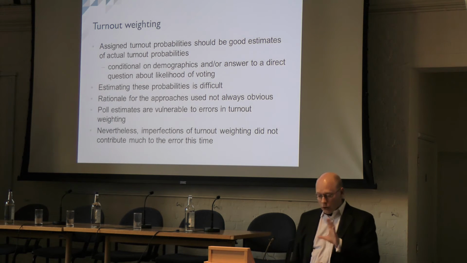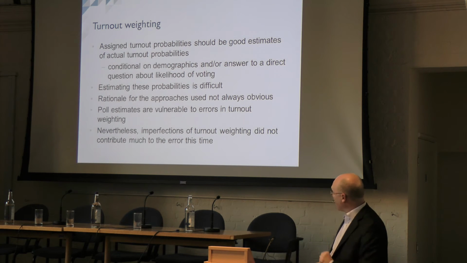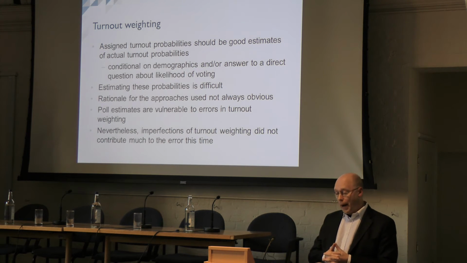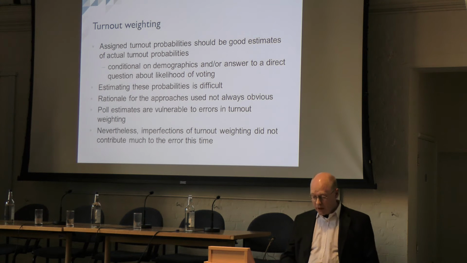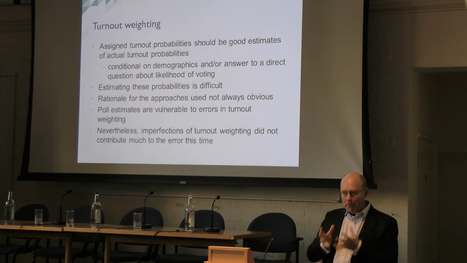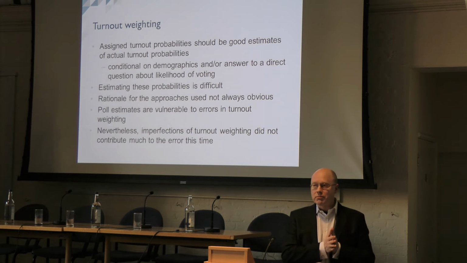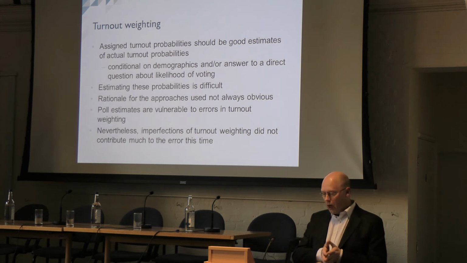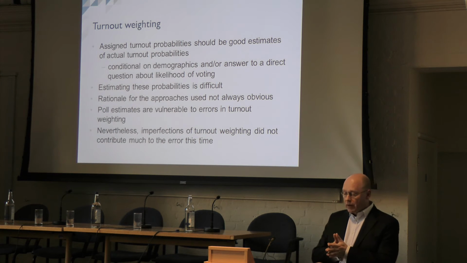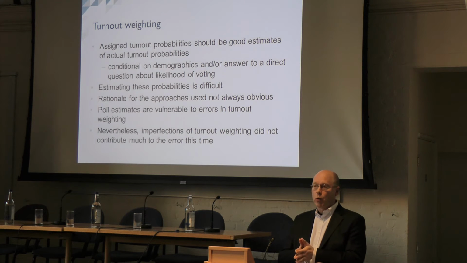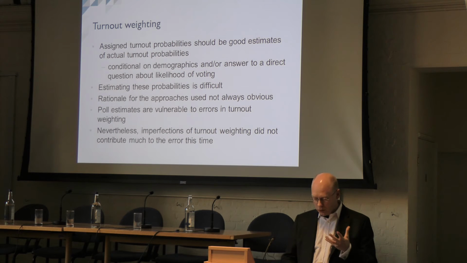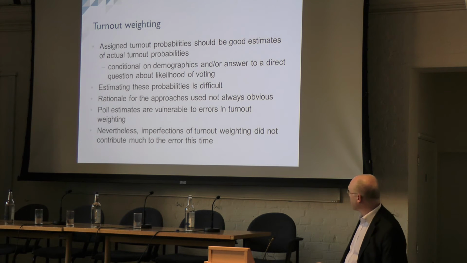What the companies actually did, the rationale for the choices was not entirely obvious. It was done in different ways by different companies. So overall, this is clearly a vulnerable element of the methodology. It could go wrong, even badly wrong, and in a future election it might well, who knows. But nevertheless, in this particular one, it didn't seem to make much of a difference. Despite being vulnerable, it wasn't a big issue.